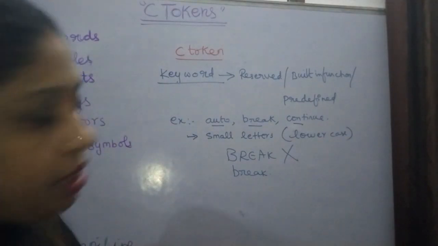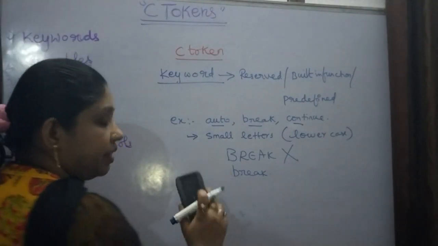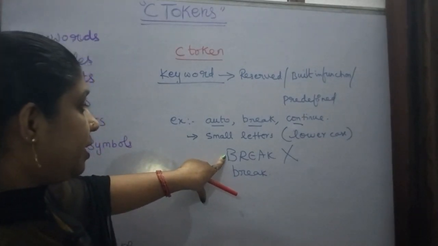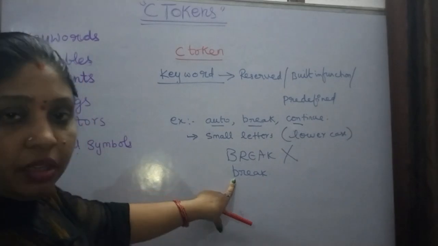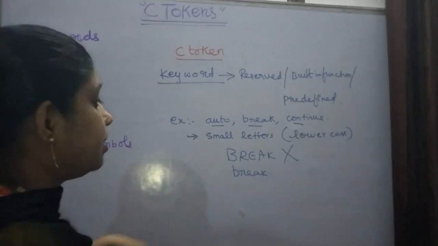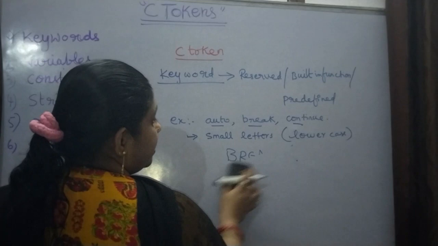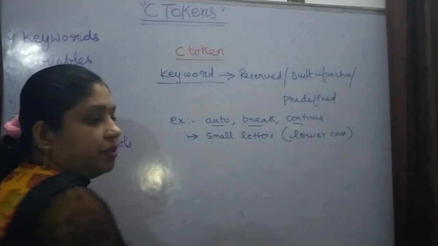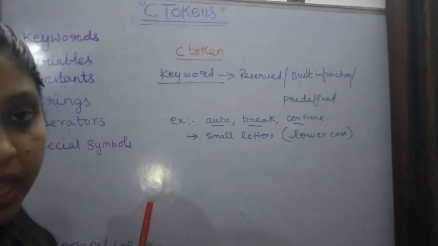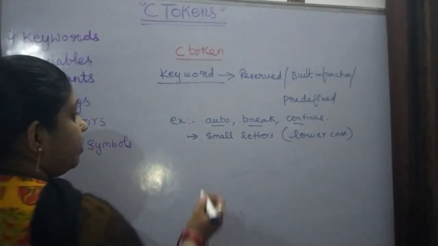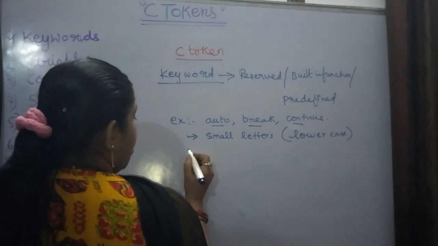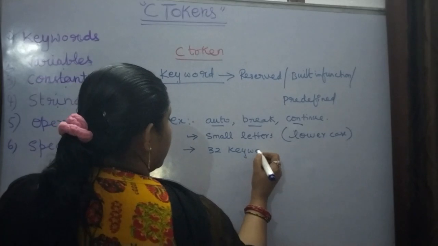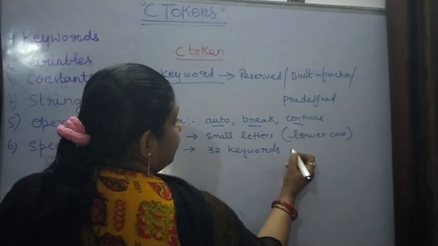If you use uppercase, it has a different meaning for the compiler. That means the ASCII code of capital letters is different from the ASCII code of small letters. It uses only lowercase, and there are 32 keywords in C.